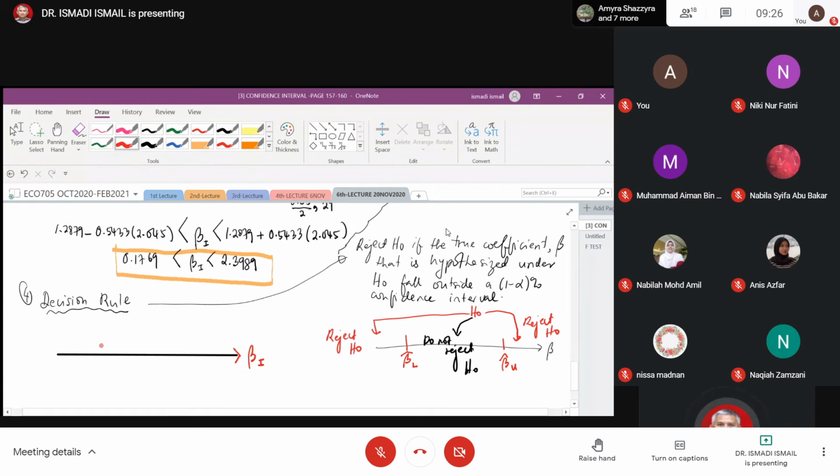And we have the lower limit and the upper limit. It is 0.1769 and 2.3989. And what is your H0? Null hypothesis states that the true coefficient of beta I is equal to 0.